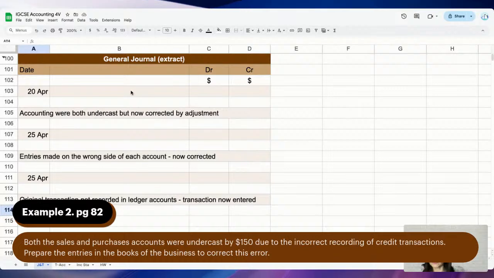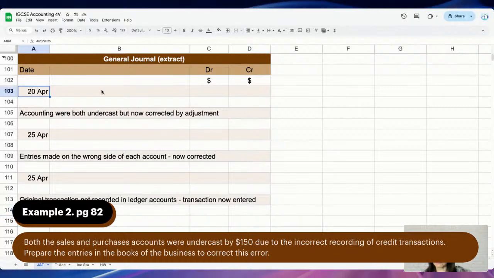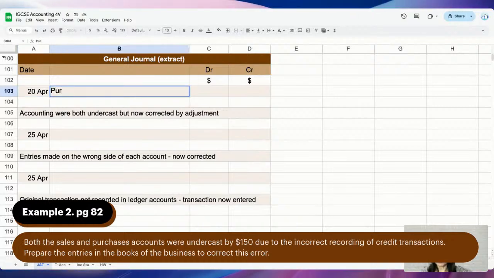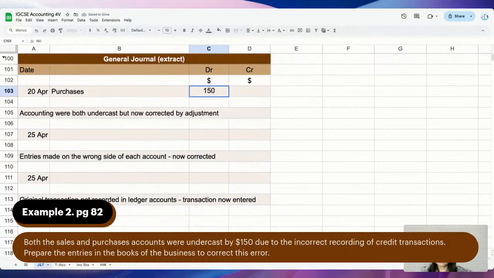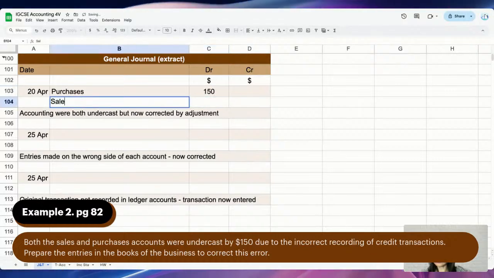Let's assume we are making this correction on the 20th of April. We need to add another 150 in the purchases account, and another 150 in sales, which is a credit.